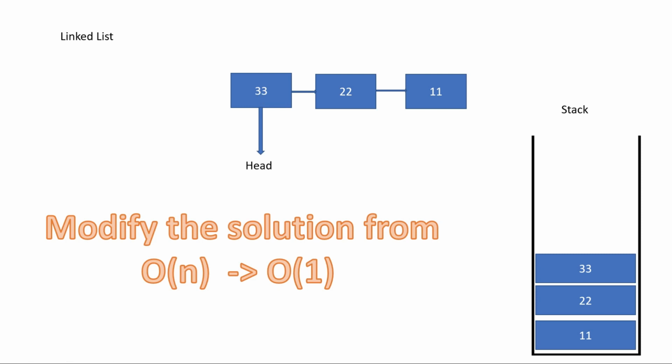So next time if I have to insert something like 44, what we can do is place it before 33, that is, assign the new element's next position to 33, and then make this new 44 our new head.